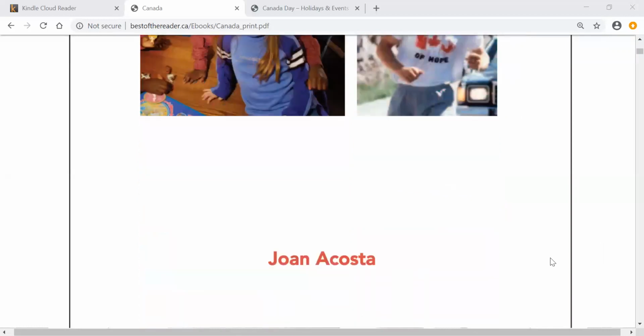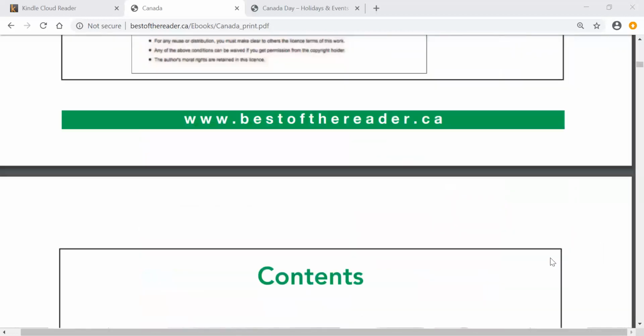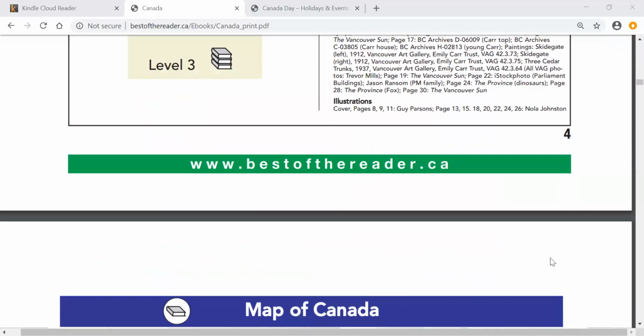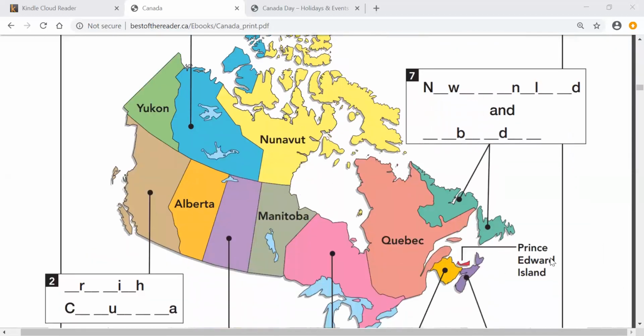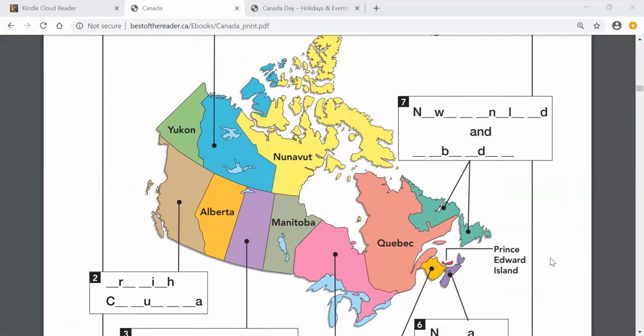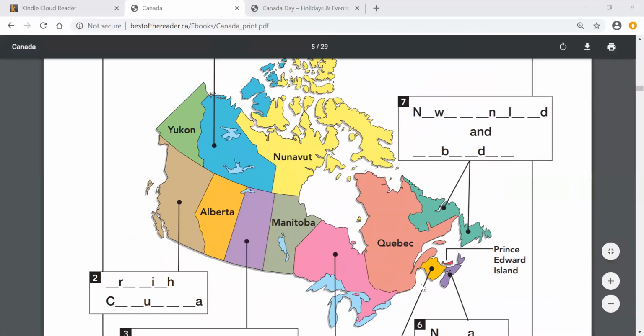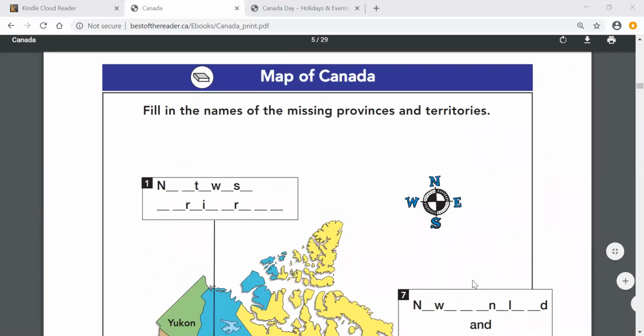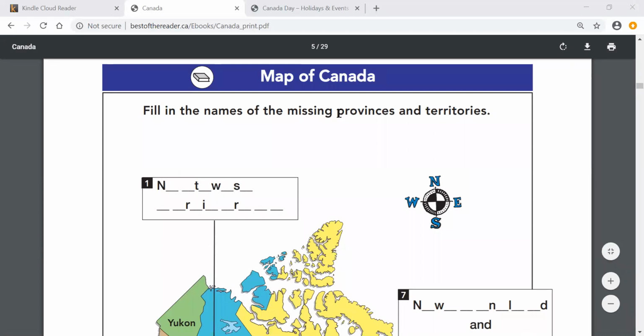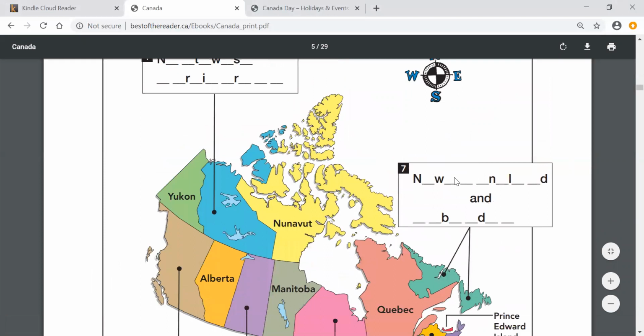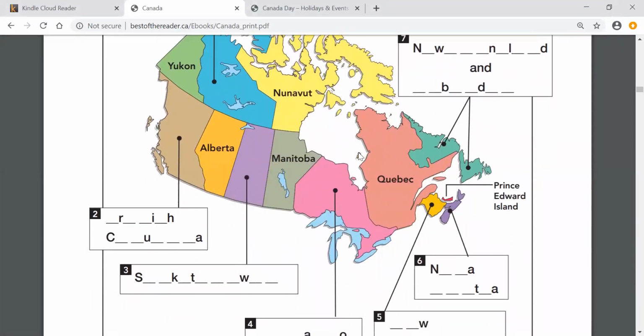Okay, let's look at the country Canada. Let's look at the map of Canada. Canada has many provinces. What are provinces? A province is a place on the map with many cities inside it.